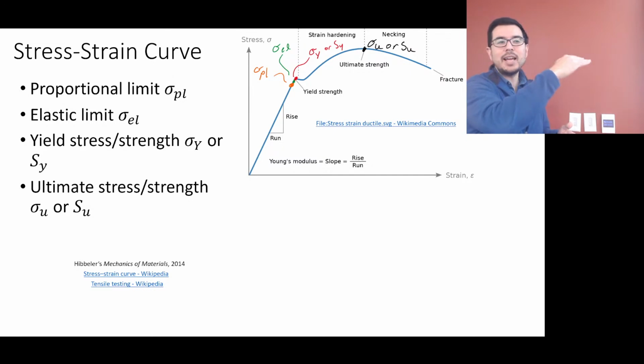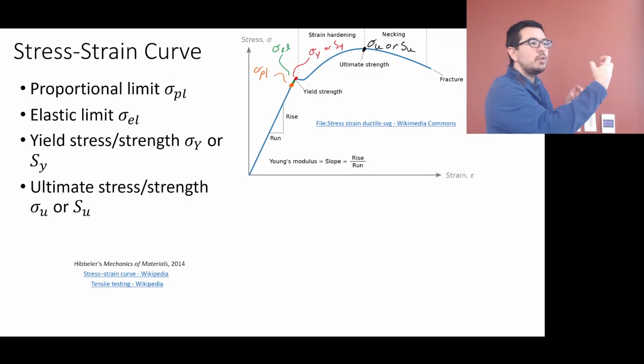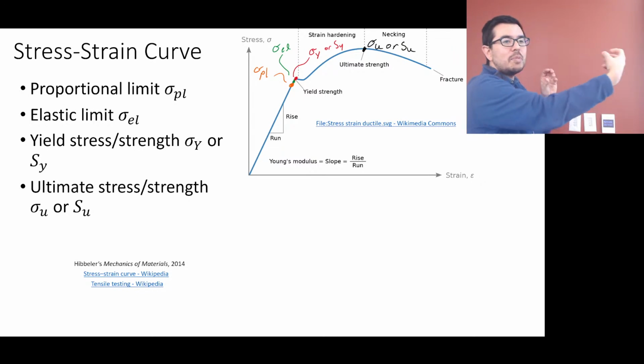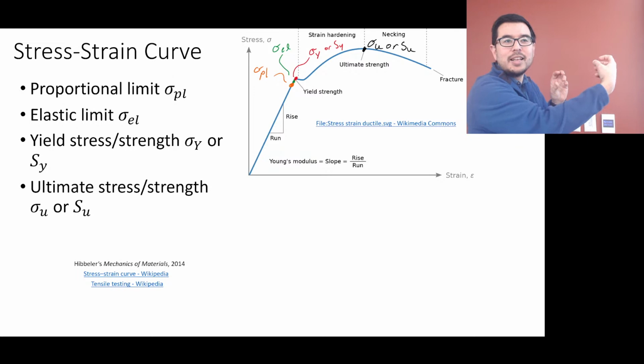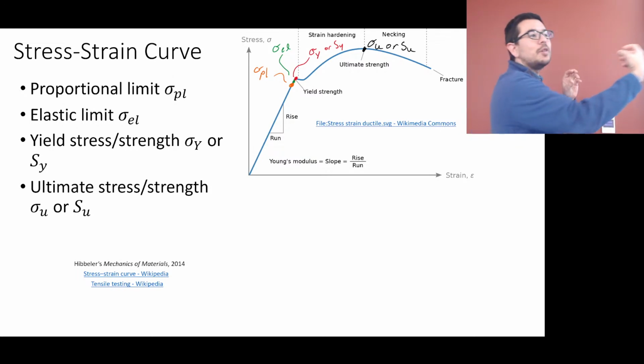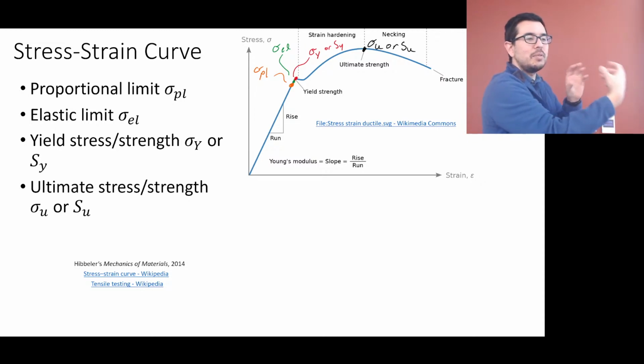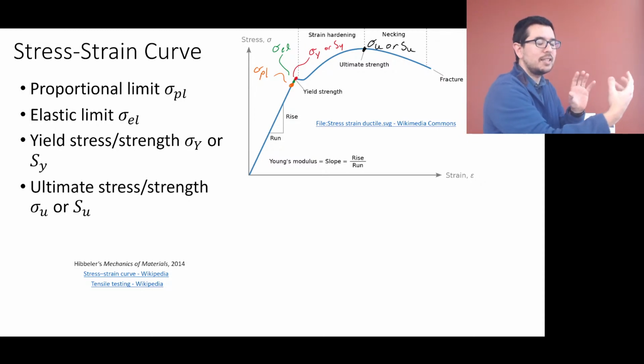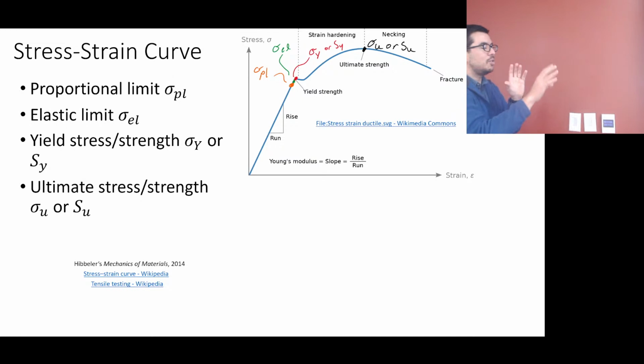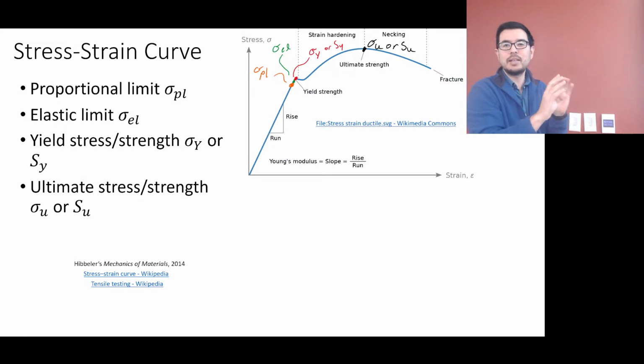That means that if you keep applying the same amount of force, which is the same amount of stress, the material keeps straining. Now, there are situations where you have polymers that creep and things of that nature, yes. But when you're dealing with metallic alloys, this is a big time no-no. You want to be down here, unless you're trying to break it.